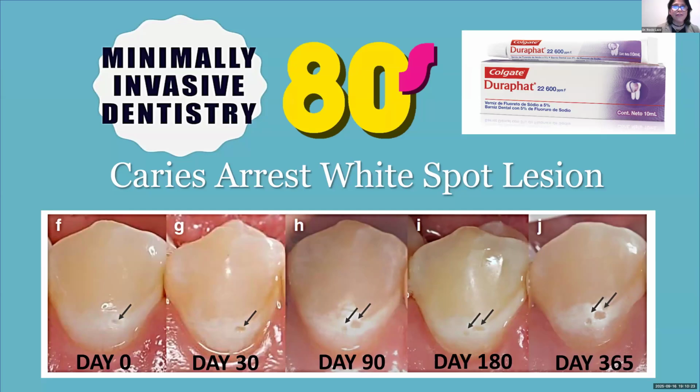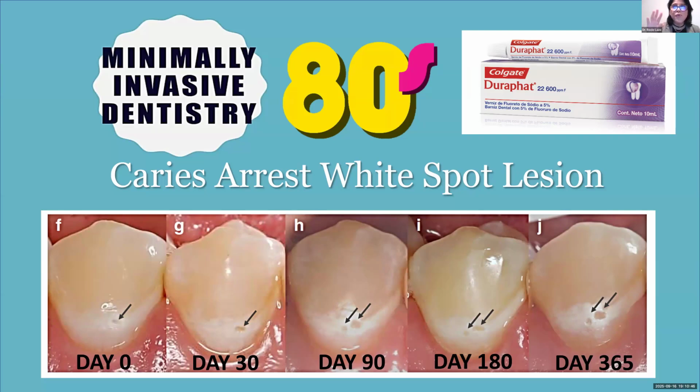So in the 80s, if you had a white spot, minimal invasive dentistry said fluoride varnish, apply fluoride varnish. But what happens? After 1 month, after 2 months, after 1 year, you're still looking at the white spot. Why?